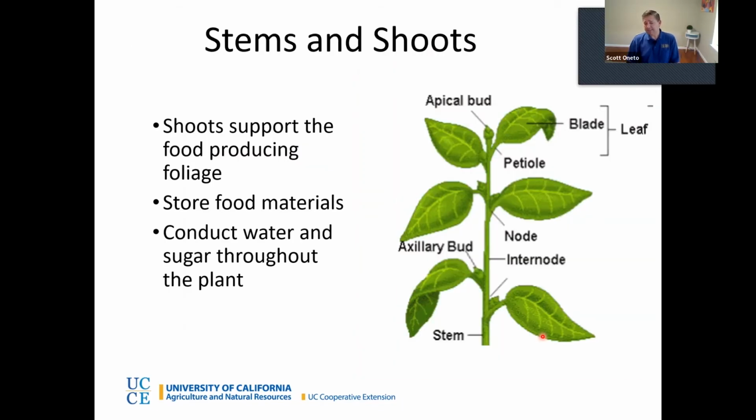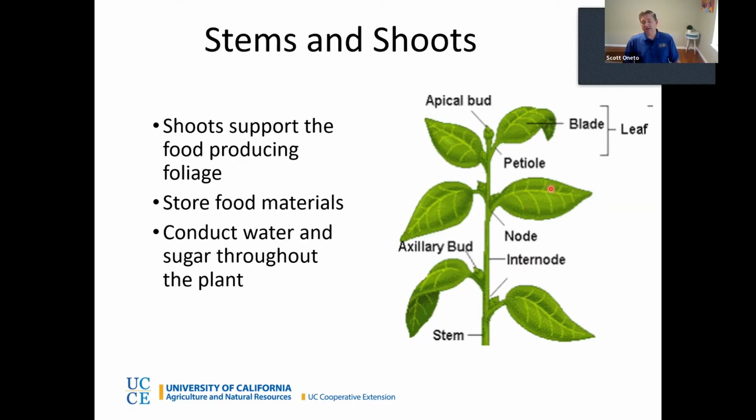If we move up to the stem tissue, or the above ground portions of the plant, their main function is storing some sugars in the stem tissue, but it's really supporting the leaves or the foliage of the plant, which is, of course, the manufacturer where energy is being produced in the form of carbohydrates.